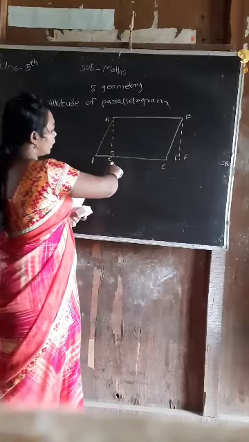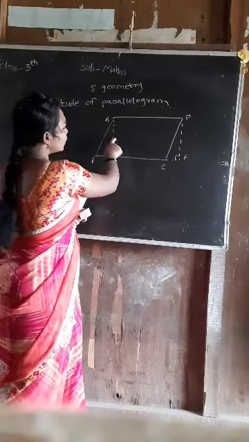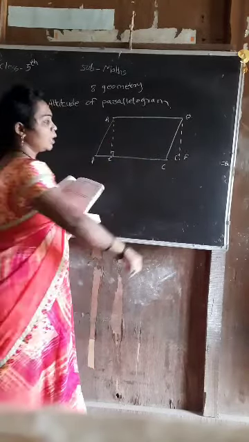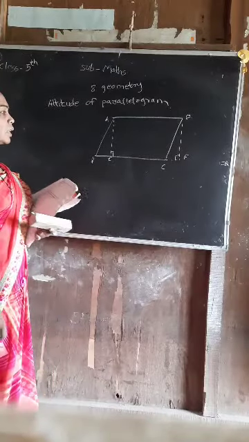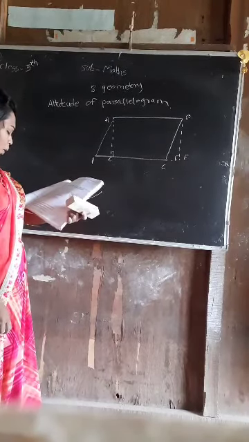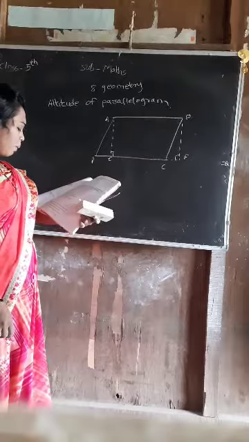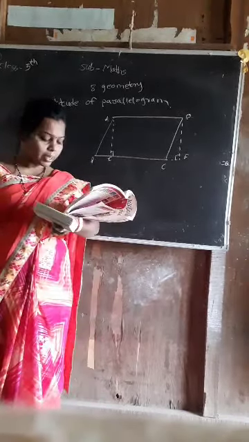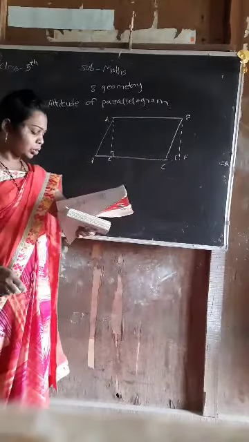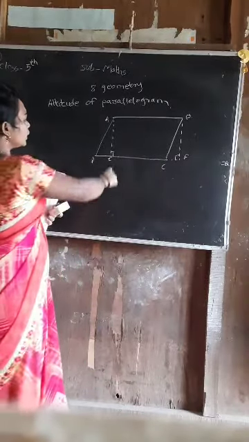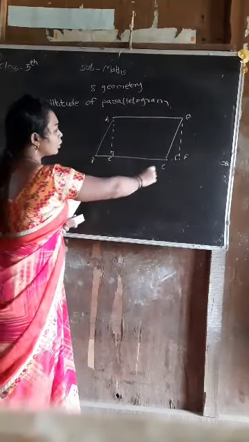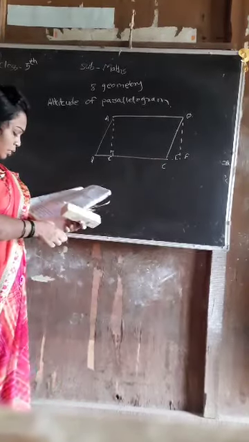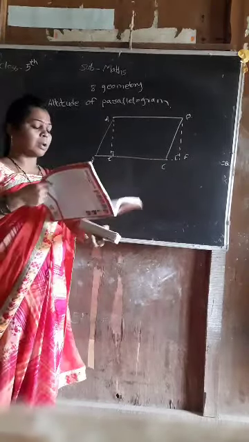That is, AE is altitude, this is inside of parallelogram, and BF is also altitude, this is outside of parallelogram. AE and BF are altitudes of parallelogram ABCD. Altitude AE is inside of parallelogram and altitude BF is outside of the parallelogram.